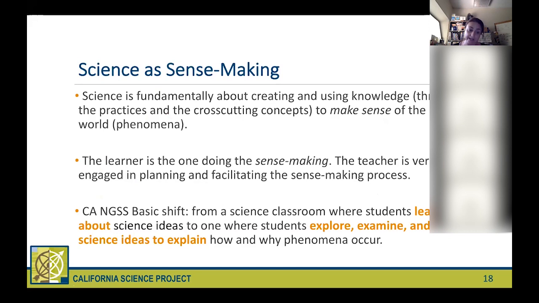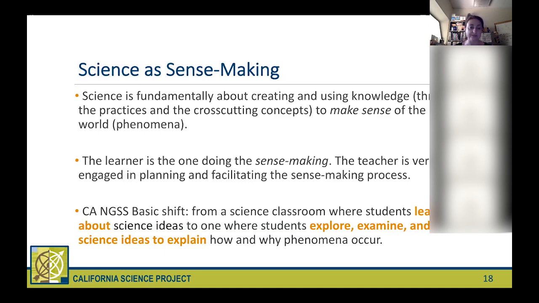creating knowledge and using that knowledge because I'm engaged in practices and crosscutting concepts to make sense of something that I'm observing. So this is what we call the phenomena that we are observing. And the student is at the center of our classrooms, and is the one doing the sense making. The teacher, though, is not just hoping for the best for the students to figure things out.